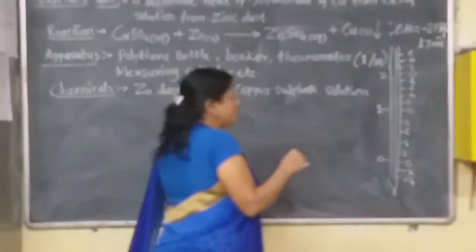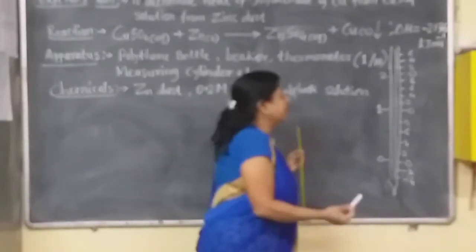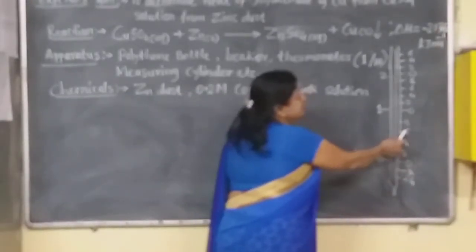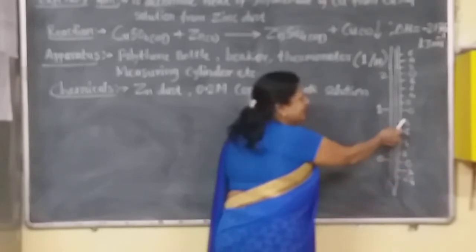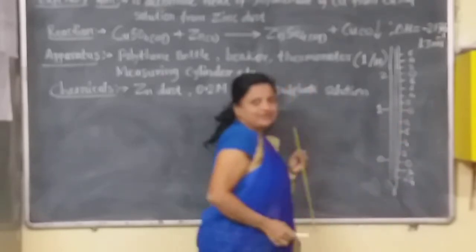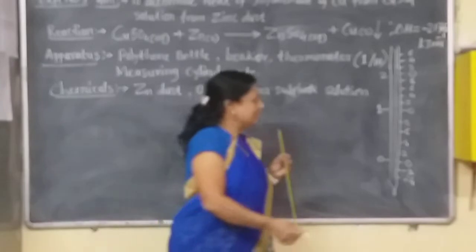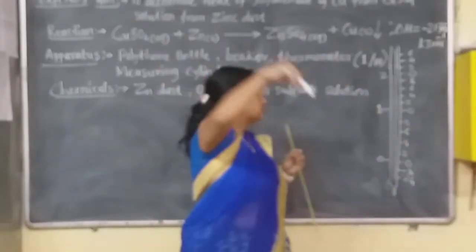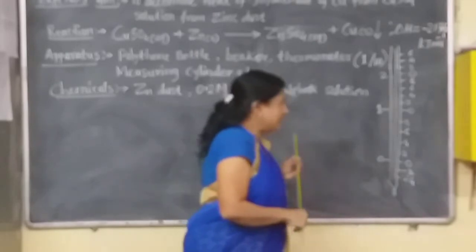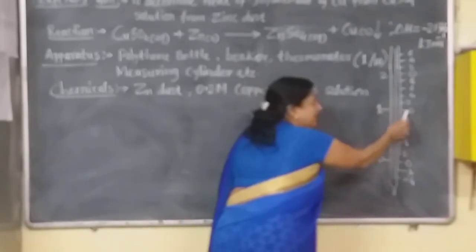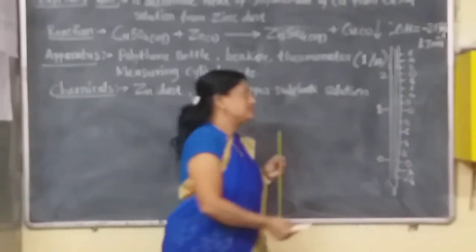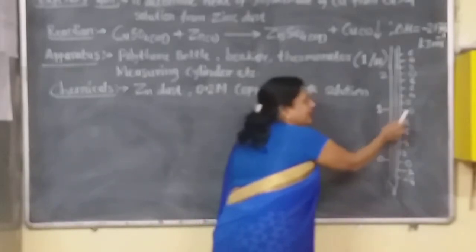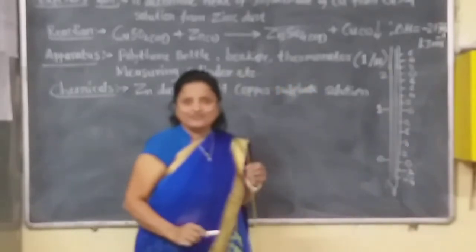Then above 0 there are markings 2, 4, 6, 8, all even numbers, and after that there is 10, but the 10 is written as 1 on this side and 0 on this side.